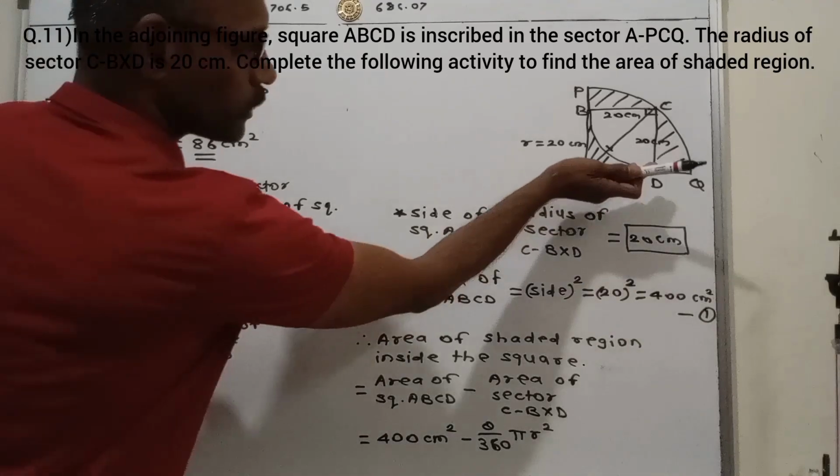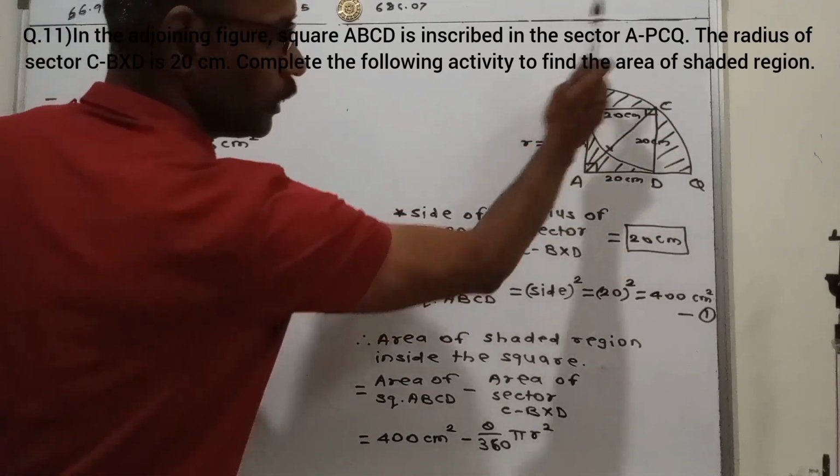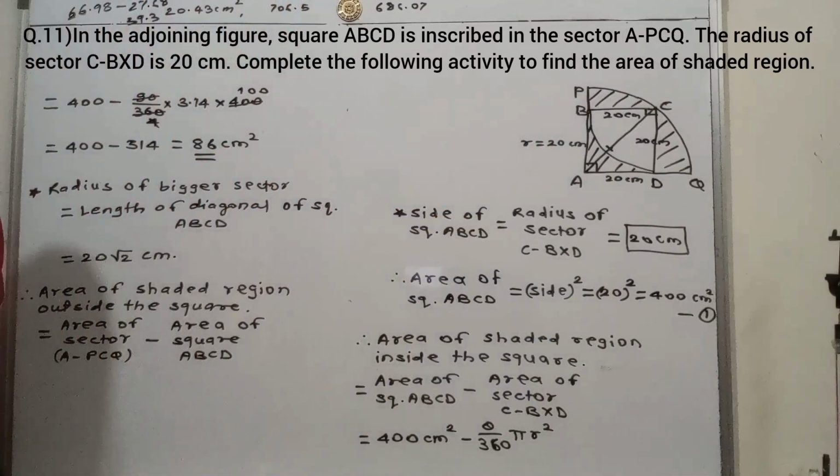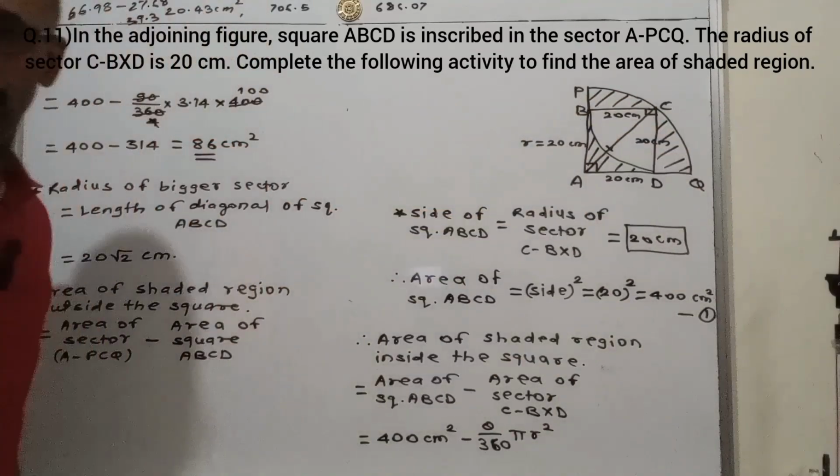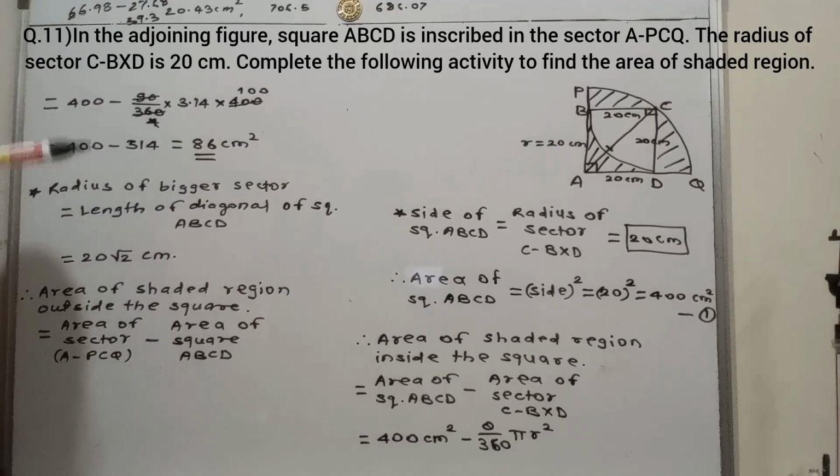When we subtract this square ABCD from this bigger sector, then we obtain area of shaded region outside the square.